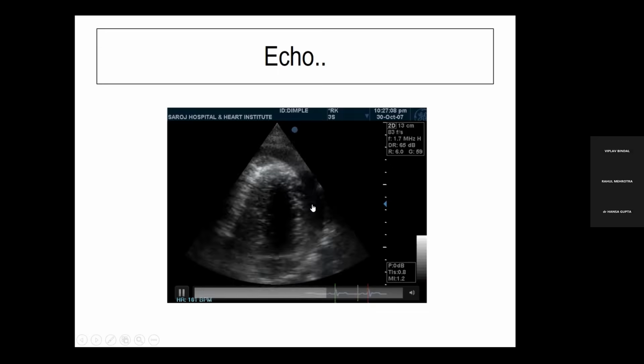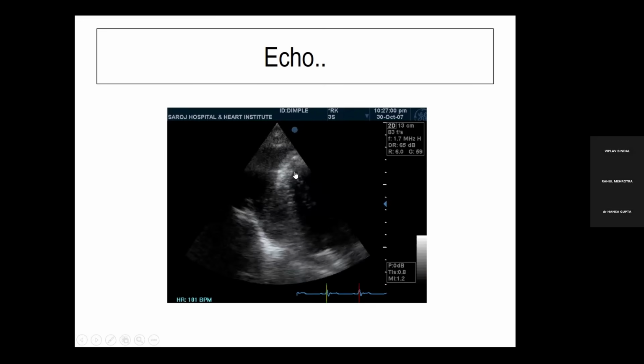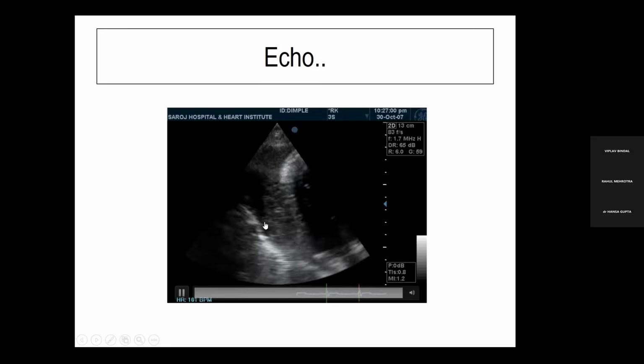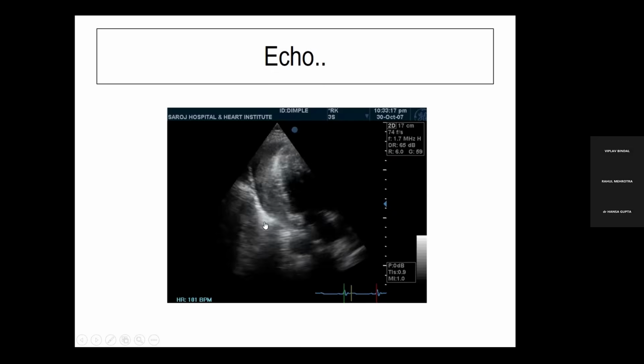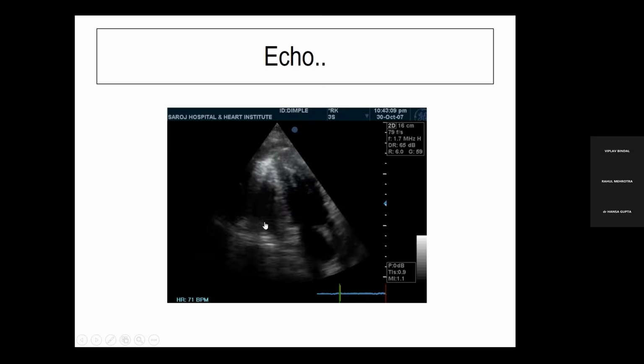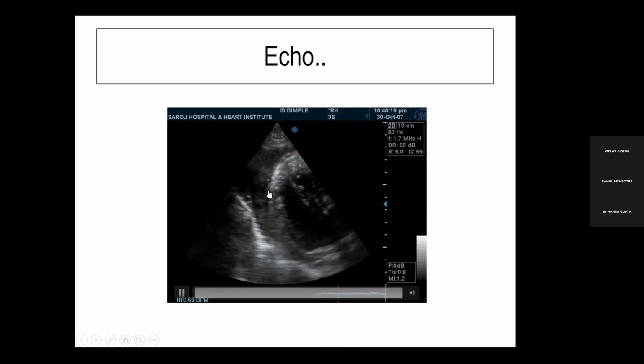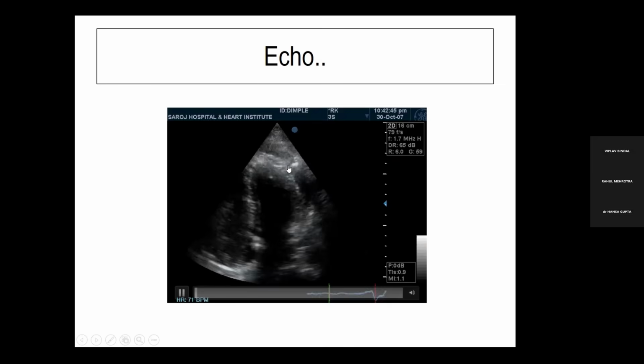Now let me show you the previous picture and this picture. This is the previous picture of pericardial effusion in the 4-chamber view. This was the 3-chamber view. And when we gave saline to this subject, now look at this picture of the 3-chamber view. You can see the bubbles over here. Similarly, you can see this is all opaque now.